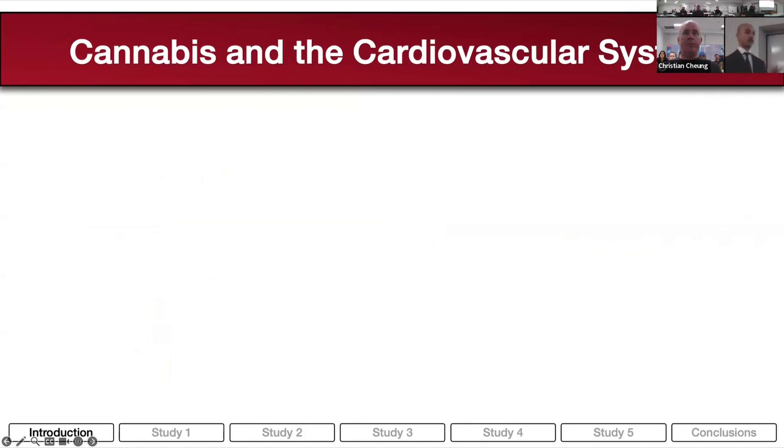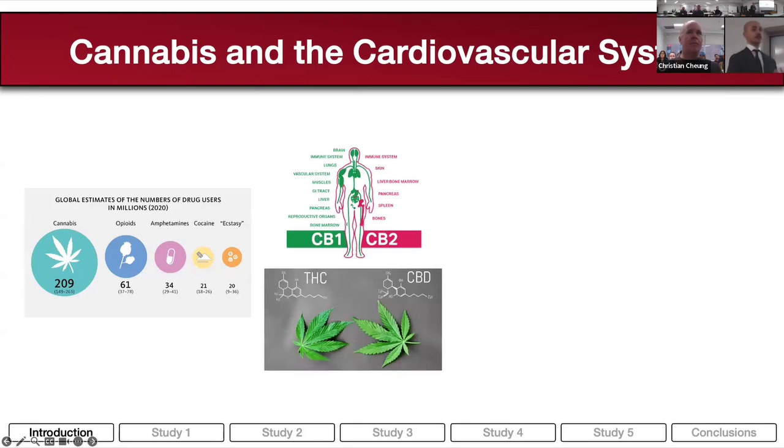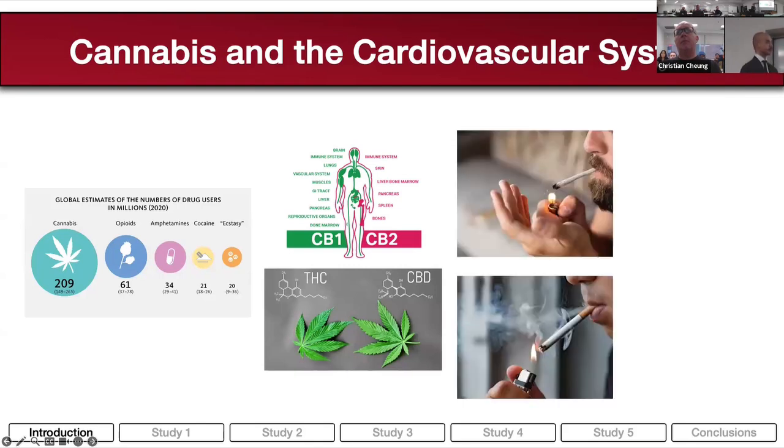Now, when it comes to cannabis, what we know about it is that at the moment, it's the most used recreational substance in the world, exclusive of alcohol. But beyond its social relevance, it's also biologically relevant because the receptors through which the main cannabinoids within cannabis, CBD and THC, act are widely found throughout all the body's different tissues, and in particular, the cardiovascular system and nervous system.